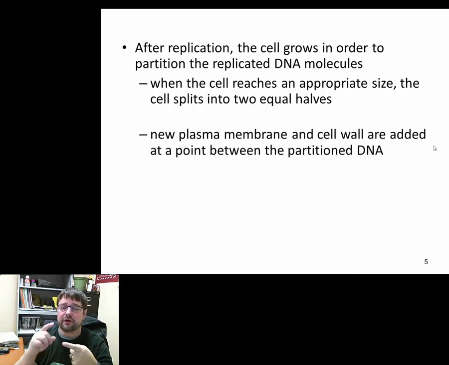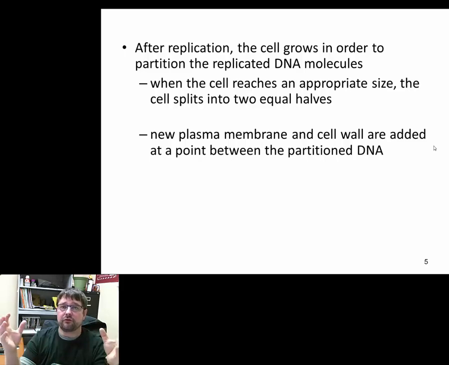Now remember, when we were talking about bacteria before, they have at least 2 layers of protection, a plasma membrane and a cell wall. Now some bacteria will also have a capsule, a 3rd layer.